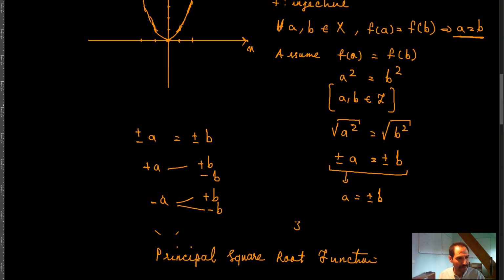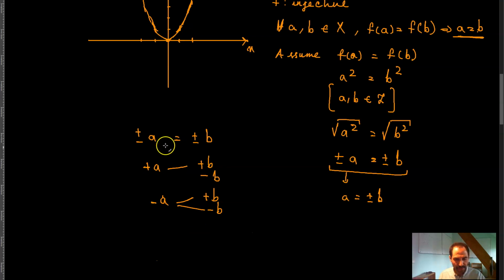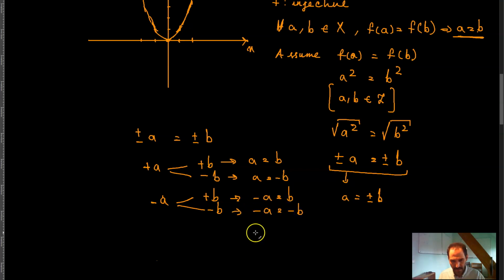Then over here, this gives you a is equal to b, this gives you a is equal to negative b, this gives you negative a is equal to b, this gives you negative a is equal to negative b, right?